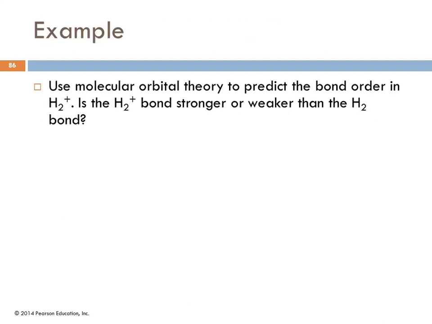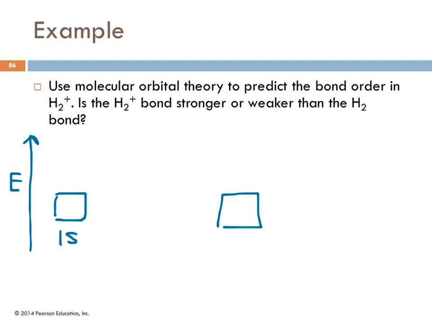Let's look at an example. Use molecular orbital theory to predict the bond order in He2+. Is the He2+ bond stronger or weaker than the H2 bond? Okay, so what we're going to do, remember energy is going up that way. And we're going to start with our atomic orbitals. So this is 1s, and this is 1s. This is 1 hydrogen, and this is 1 hydrogen.